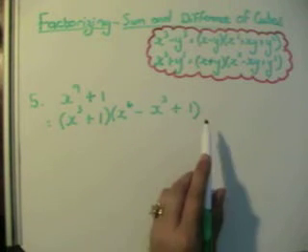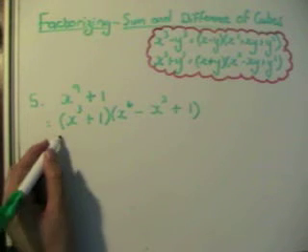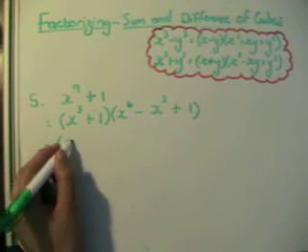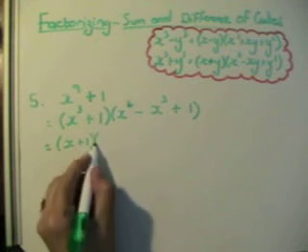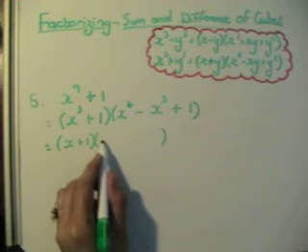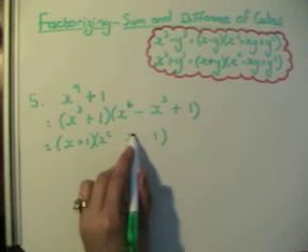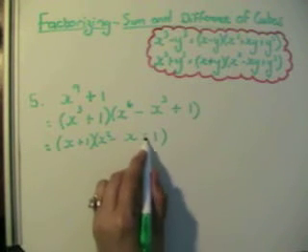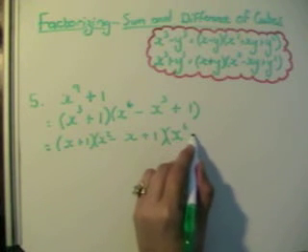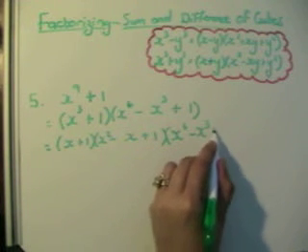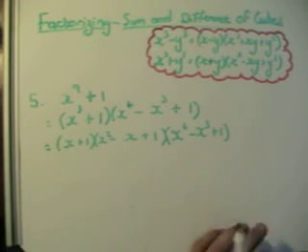The second bracket I'm going to leave as it is, but the first bracket is going to become x plus 1, the cube root and the cube root, and then I'm going to make a second bracket with the squares and the product, and then this will look like this. And don't forget to carry over this second bracket and leave it just like that as it is. And now I'm done.